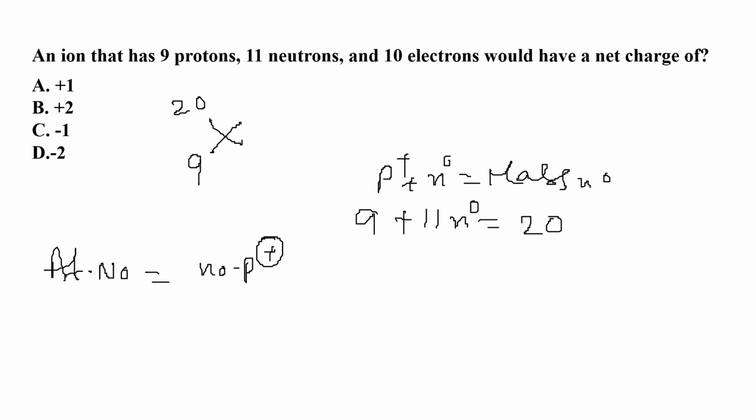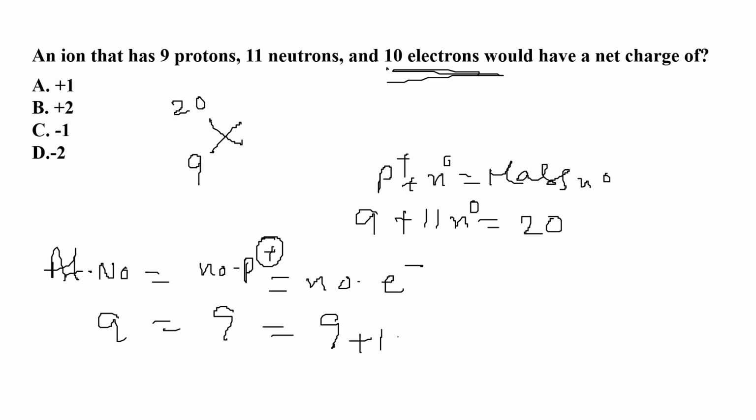But here generally the atomic number is equal to the number of electrons as well as the number of protons. So the atomic number is 9, this is equal to 9, and this is also 9. But here it contains 10 electrons, which means you have to add 1 electron. X, by accepting 1 electron, you will get X minus 1.